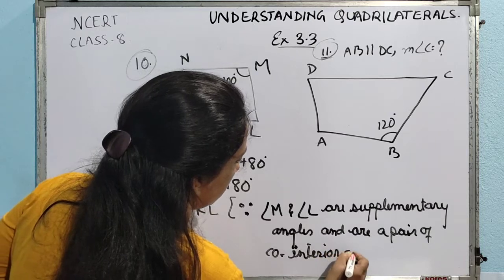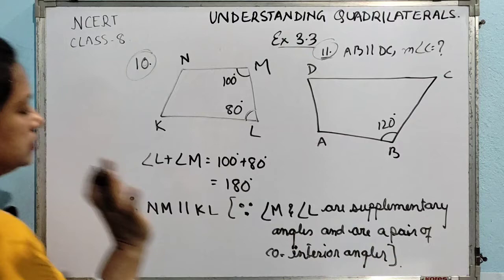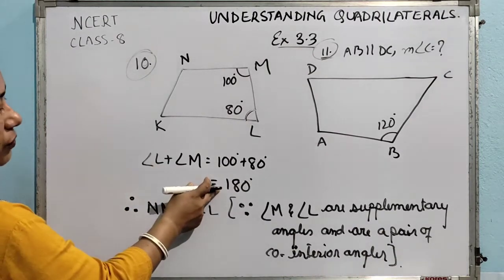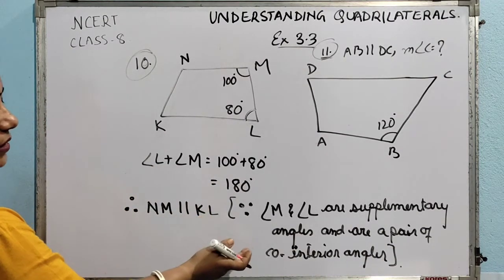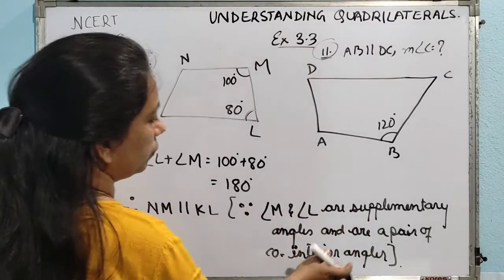Okay, are a pair of co-interior angles. This is the reason. Sum is going to give you 180 degree, therefore this is parallel. What is the reason? Since M and L are supplementary angles and are a pair of co-interior angles.